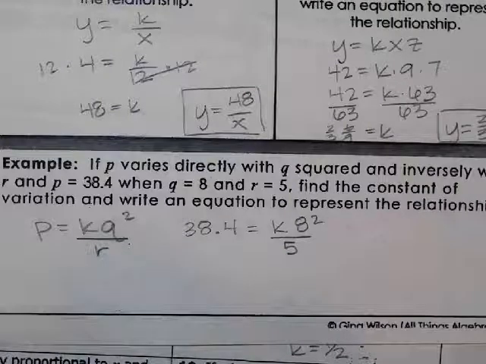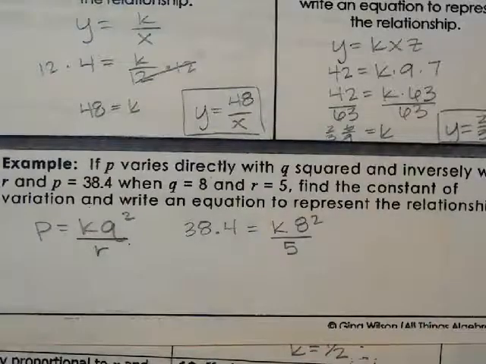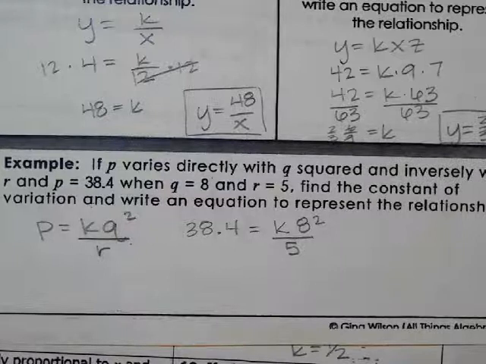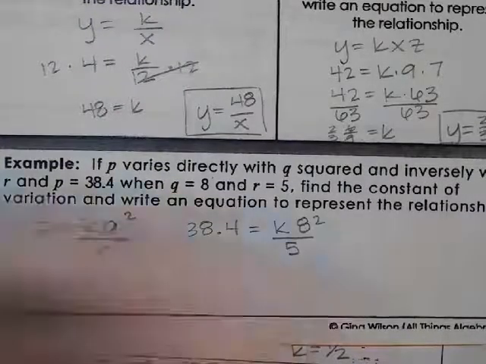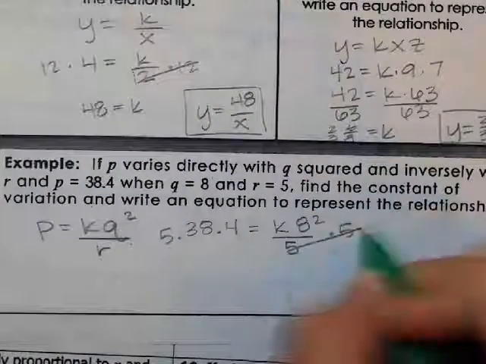All right, let's see. 38.4 times 5. So that's 192. Okay, and then what should we do?